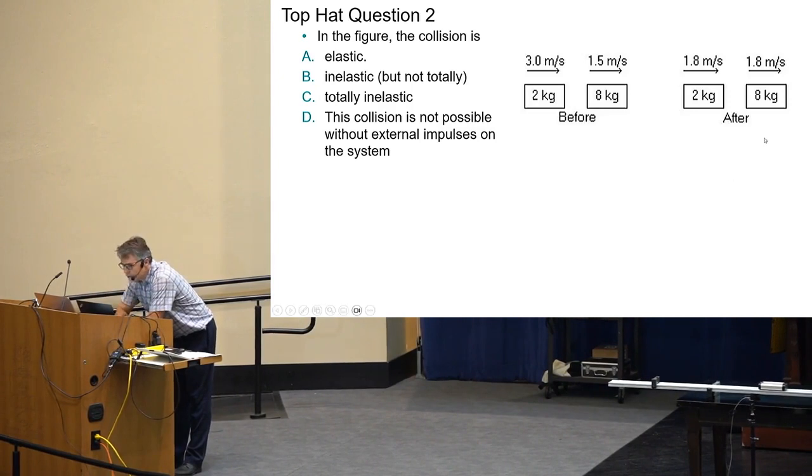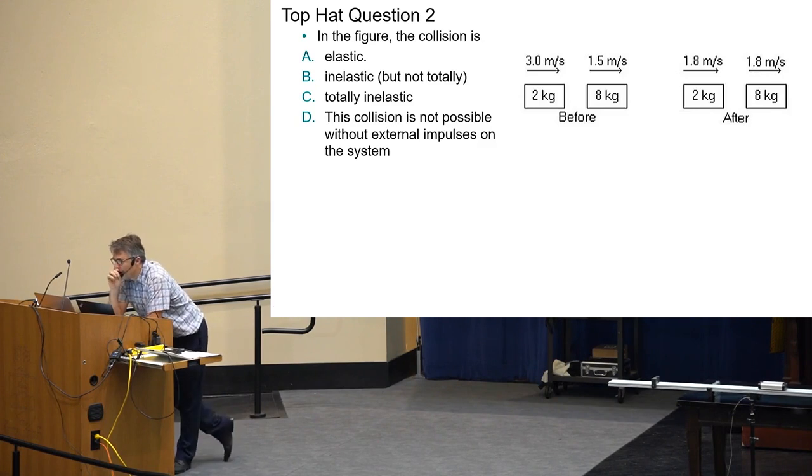So look at this. Just before the collision, you've got a 2 kilogram block moving to the right at 3 meters per second, and an 8 kilogram block moving to the right at 1.5 meters per second. Afterwards, you have a 2 kilogram block moving to the right at 1.8 meters per second, and the 8 kilogram block moving to the right at 1.8 meters per second.